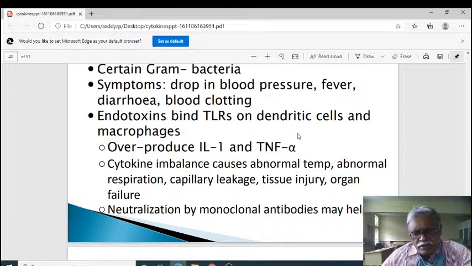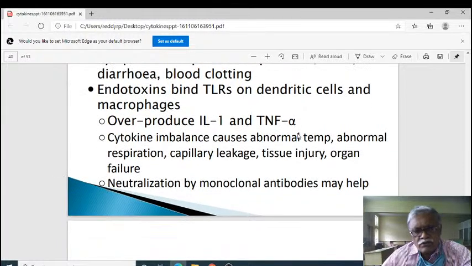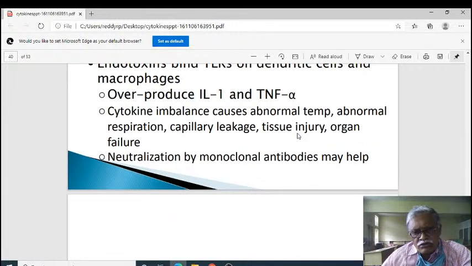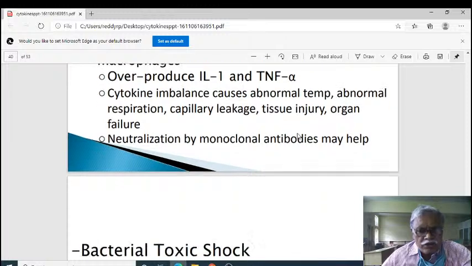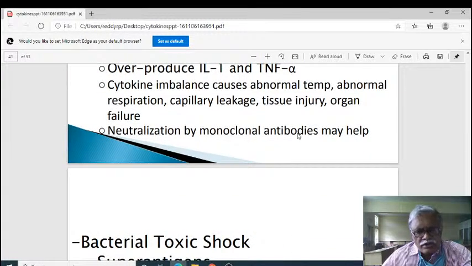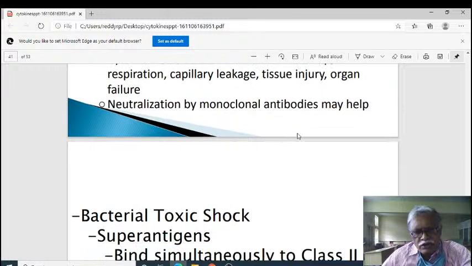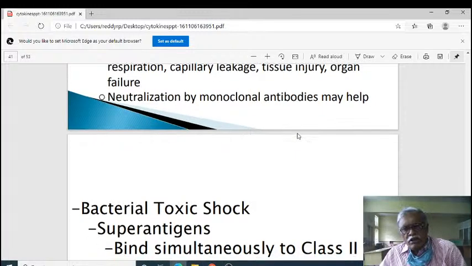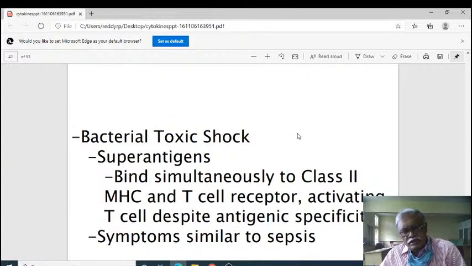Endotoxins bind TLRs on dendritic cells and macrophages and produce interleukin 1 and tumor necrosis factor alpha, and cytokine imbalance causes abnormal temperature, abnormal respiration, capillary leakage, tissue injury, and organ failure. Neutralization of TNF by monoclonal antibodies may be of great help in these individuals.